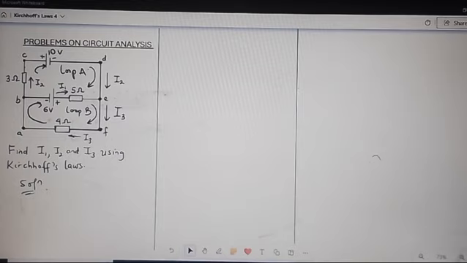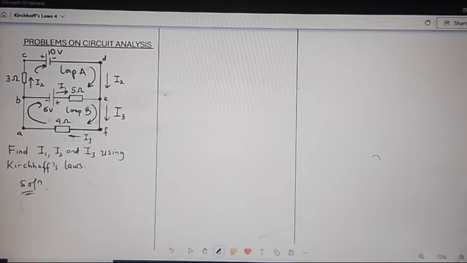You can choose an anti-clockwise direction, but I have chosen to work with the clockwise direction. So this is loop A. This arrow indicates the arbitrary direction I've chosen for current flow. That's the first step. You do that for loop B also.